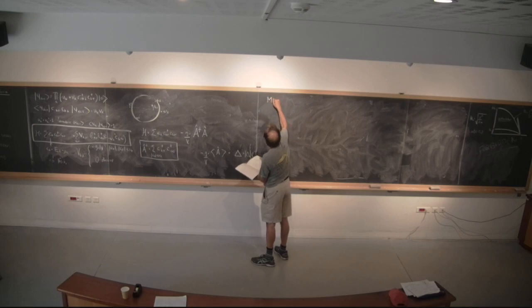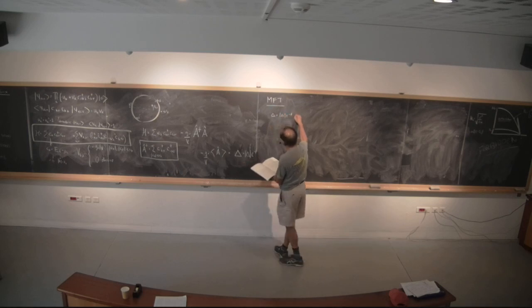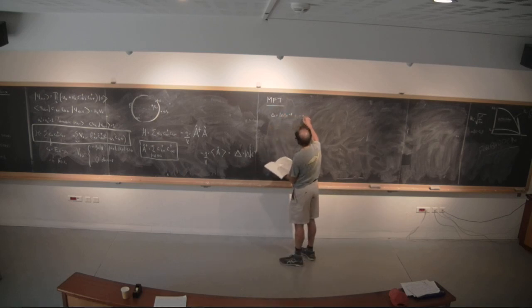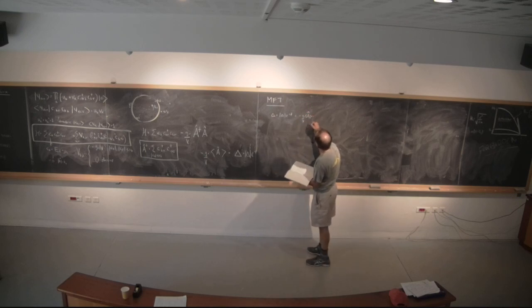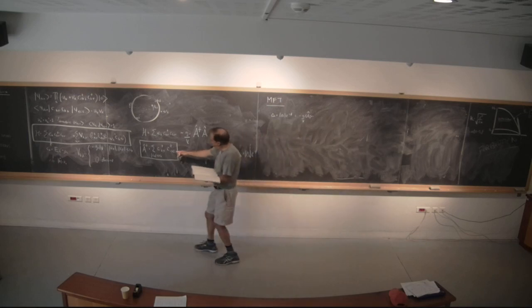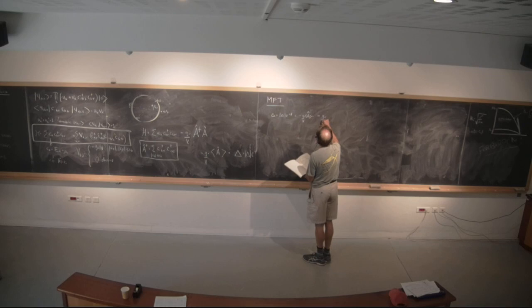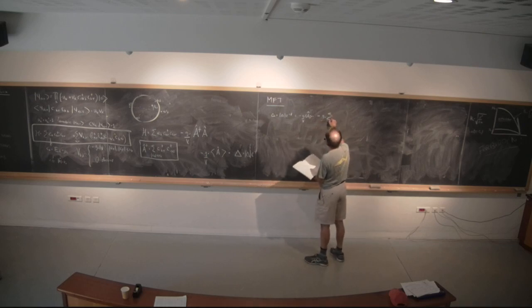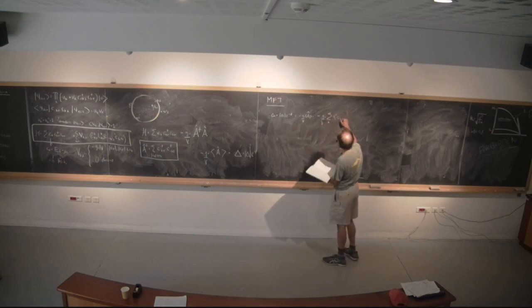Mean field theory is that delta, which is modulus times phase, is minus g naught over V times A, which, since A's expectation value involves a summation over k, we can write as minus g naught times the sum over k of c k up, c minus k down.